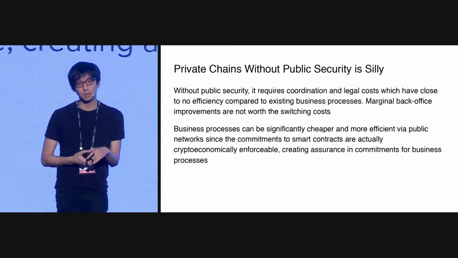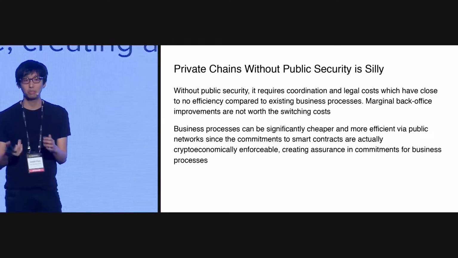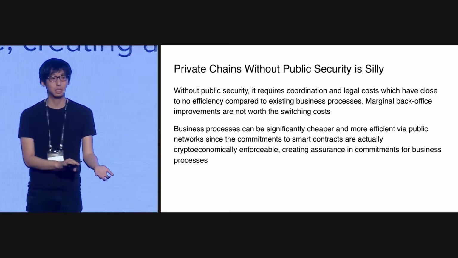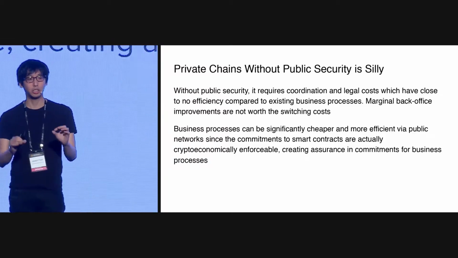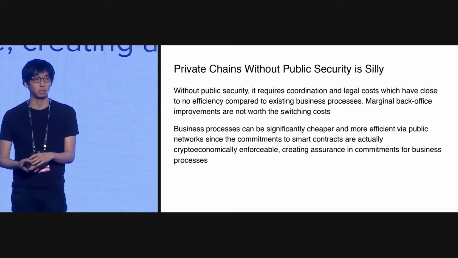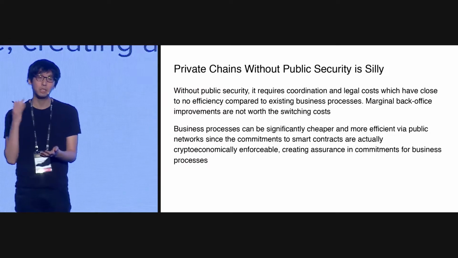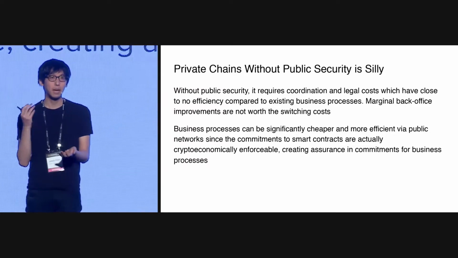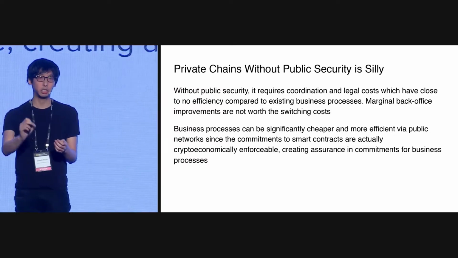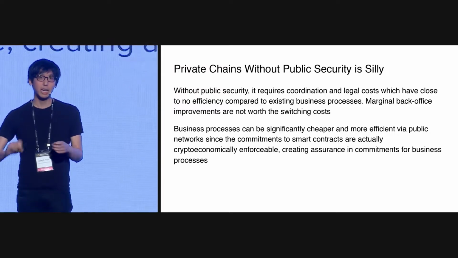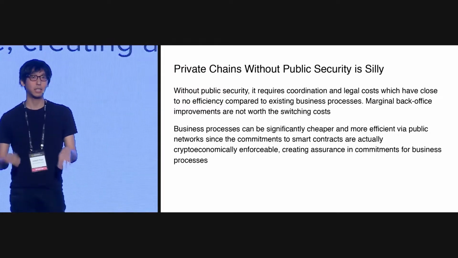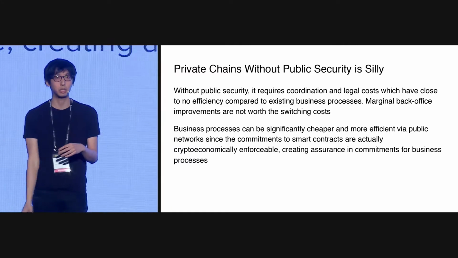I think that business processes can be significantly cheaper and more efficient with public networks, since the commitments to smart contracts are actually cryptoeconomically enforceable, and that creates assurance and commitments for business processes. By that I mean that you basically have assurance that some other guy can't even go to court. This is basically arbitration times 1,000, right? What we're talking about here.